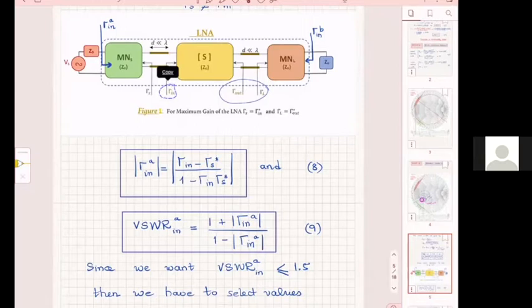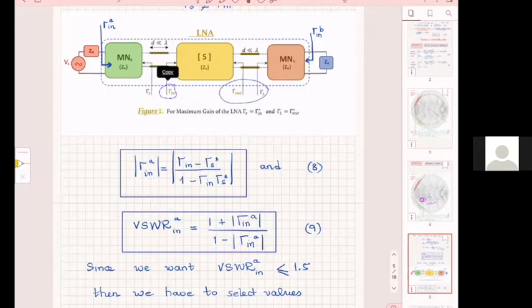However, as we said, since we are taking gamma S for noise, for gain, and for stability, and we have gone away from the perfect match, gamma in alpha is not zero, but is given by this relationship. Its magnitude is given by this relationship.